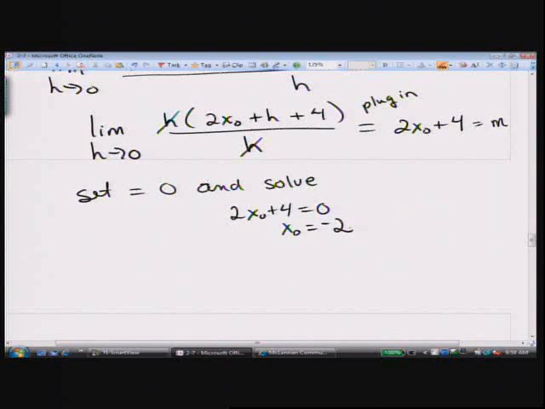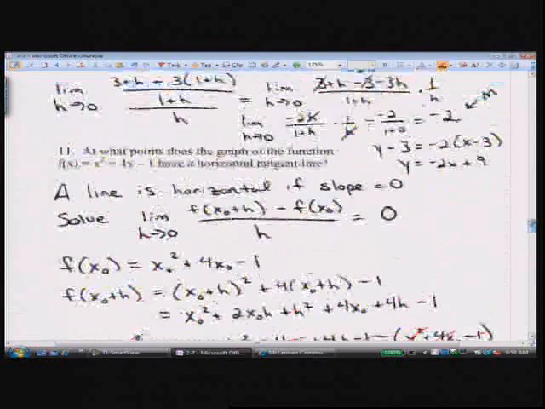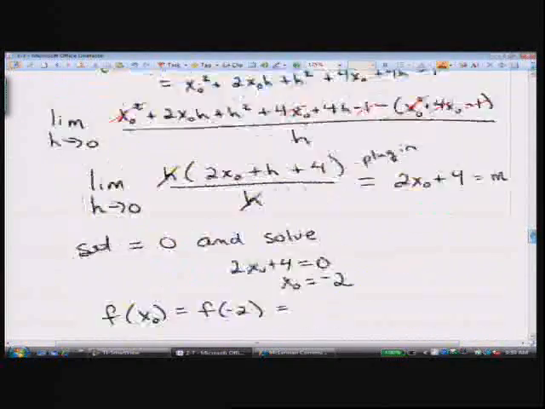And how would I get the y coordinate? Well, then I will find f of x naught, which will be the y coordinate, which will be f of negative 2, back into the original function, which was x squared plus 4x minus 1.